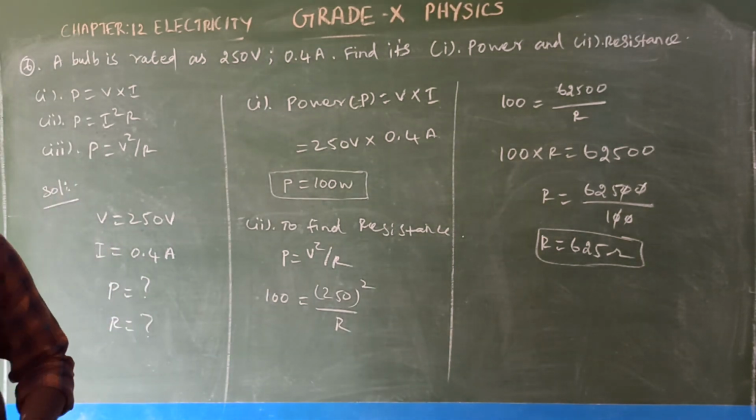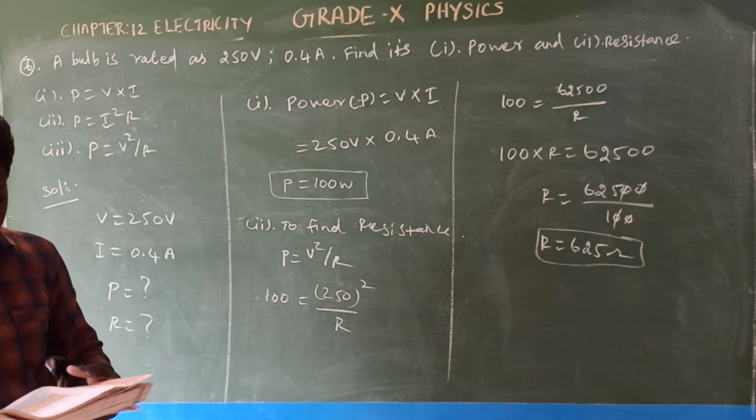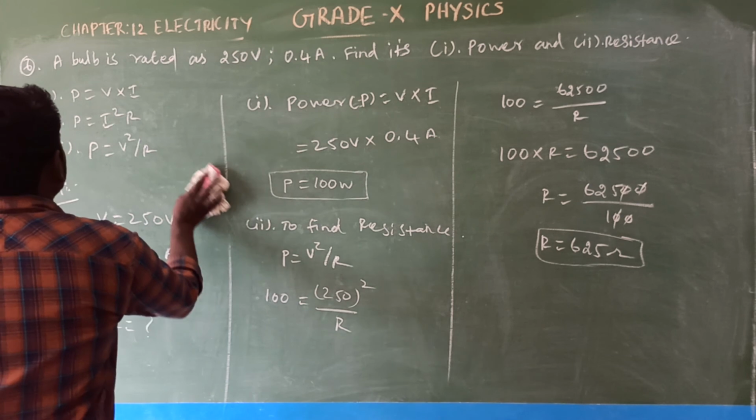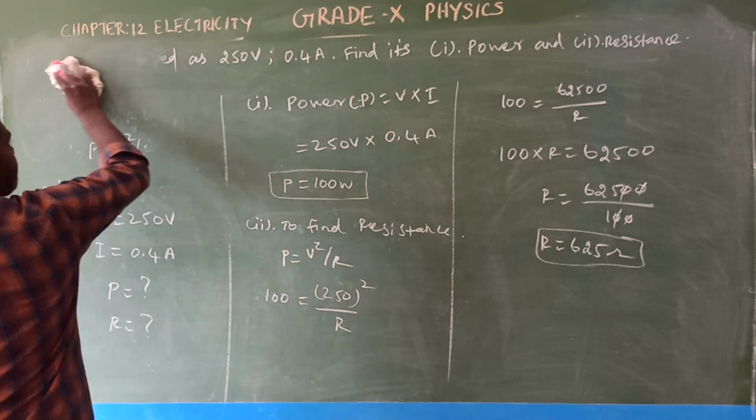So the last sum we will see. One more sum we will see. This is one type of numerical.